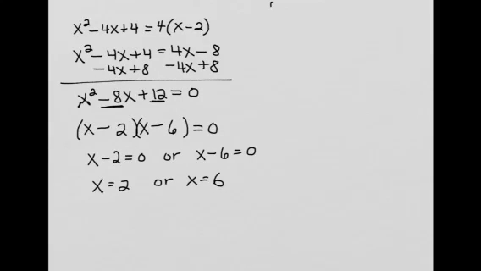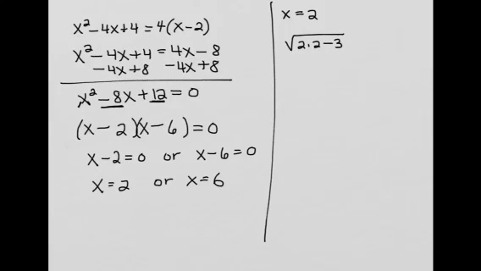So now I need to check my answers and make sure that they work. So if I plug in 2 to the original equation, then I have square root of 2 times 2, oops, that should be a minus 3, minus square root of 2 minus 2 equals 1. 2 times 2 is 4, minus 3 gives me 1.